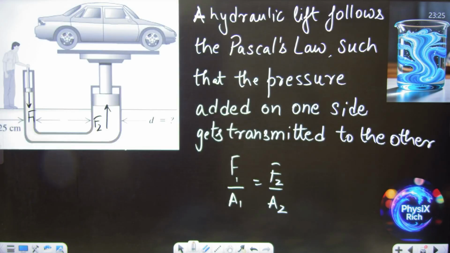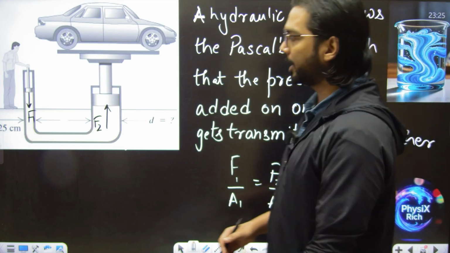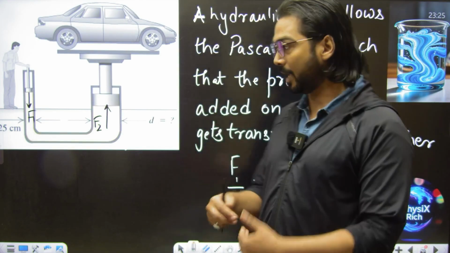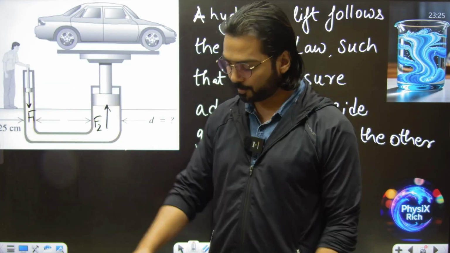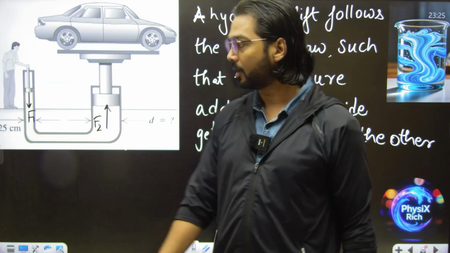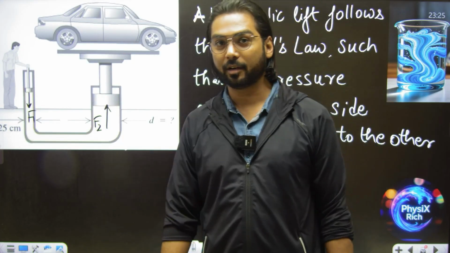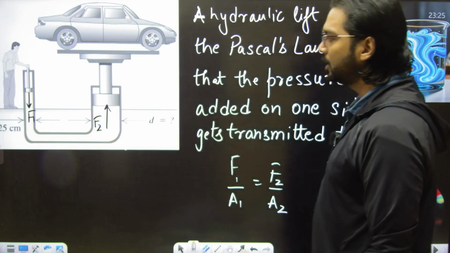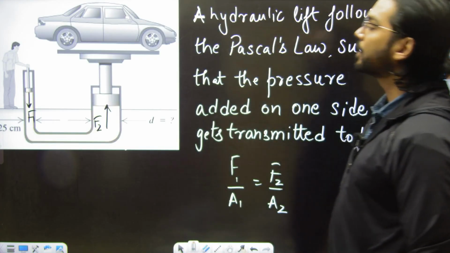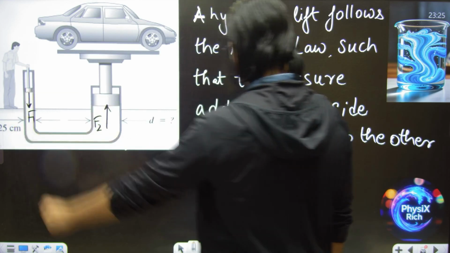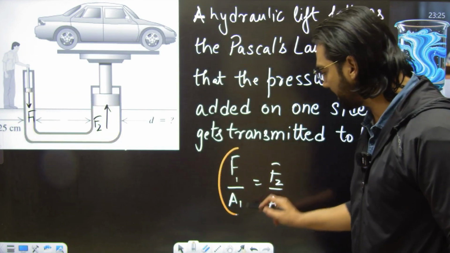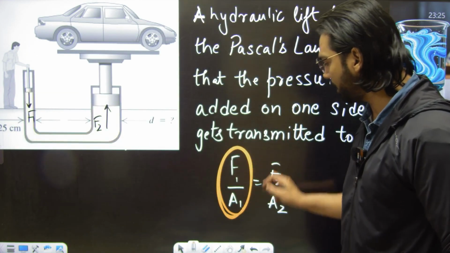So whatever pressure you apply from one side can apply the same amount of pressure onto the other side. And here you can see that a man can simply move his hand and can lift an entire vehicle. How is that possible? That is possible because if he applies a force on a very small area, then the pressure that gets generated is F1 upon A1.